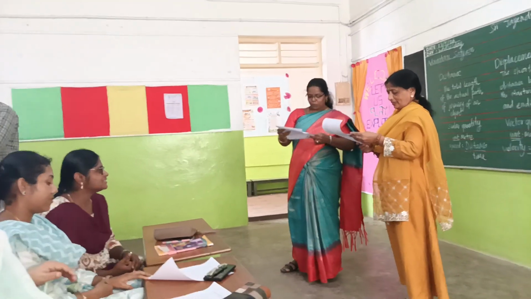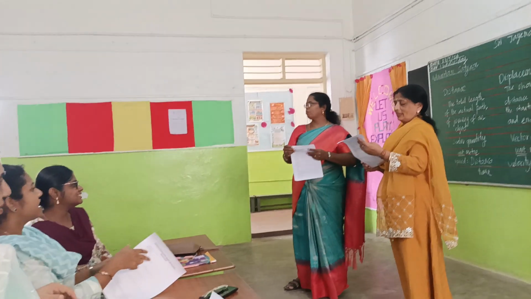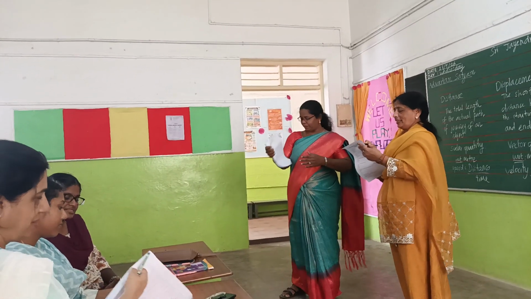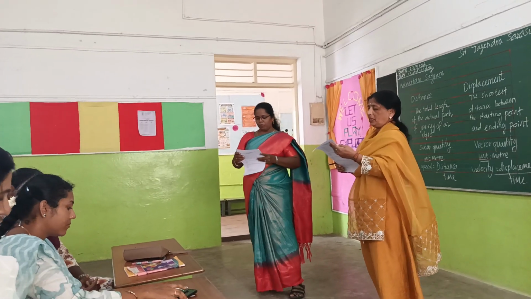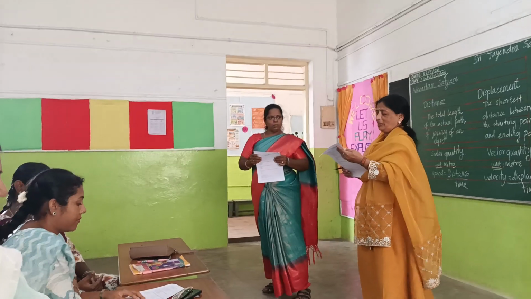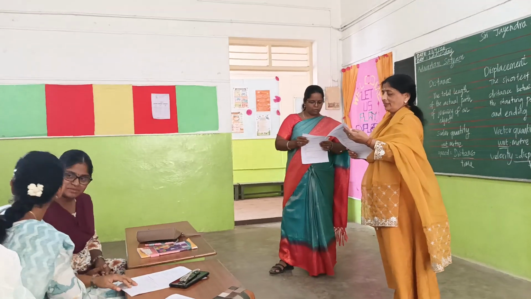Speed is defined as distance per unit time. Velocity is defined as speed with a direction, displacement per unit time.